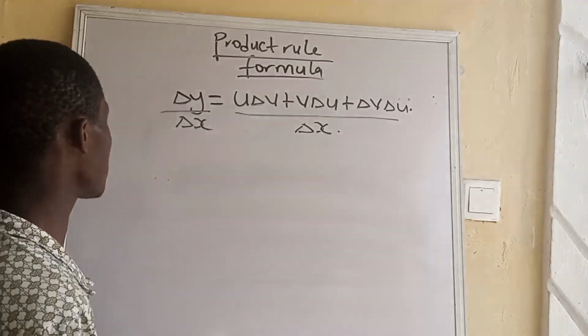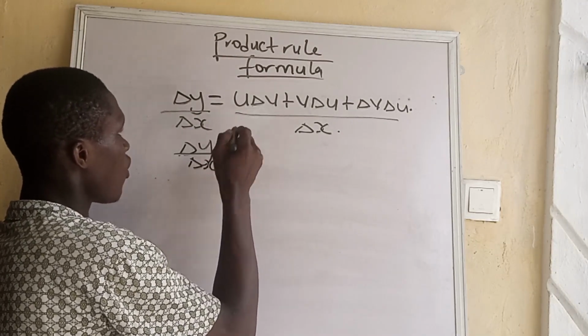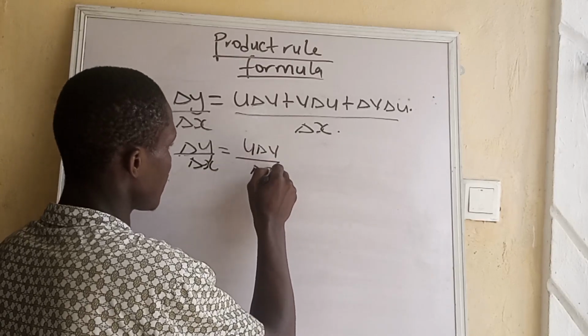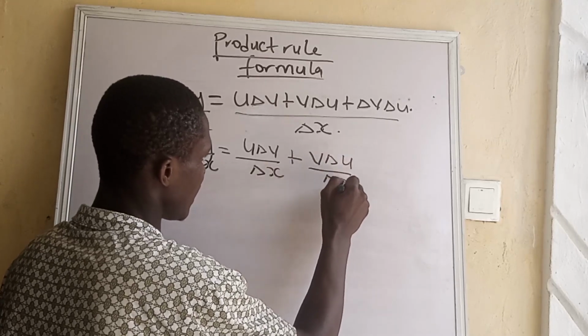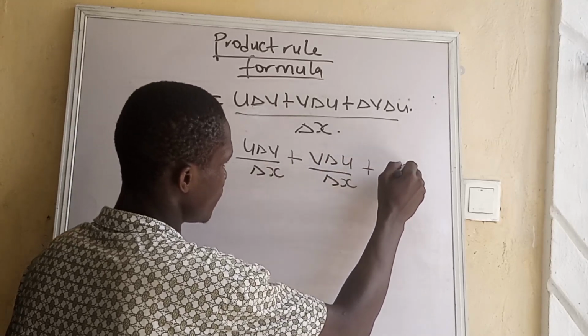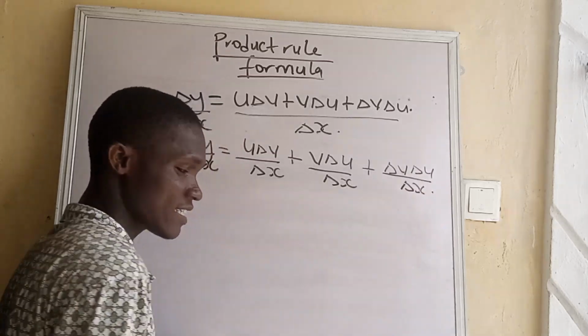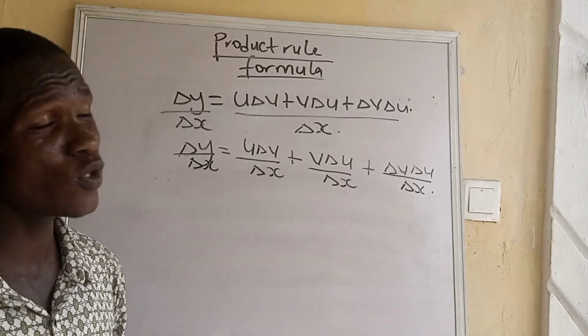So doing that, we can simply have delta y over delta x equal to u delta v all over delta x plus v delta u all over delta x plus delta v delta u all over delta x. This is exactly what I'm trying to say by making each of them have their own denominator.